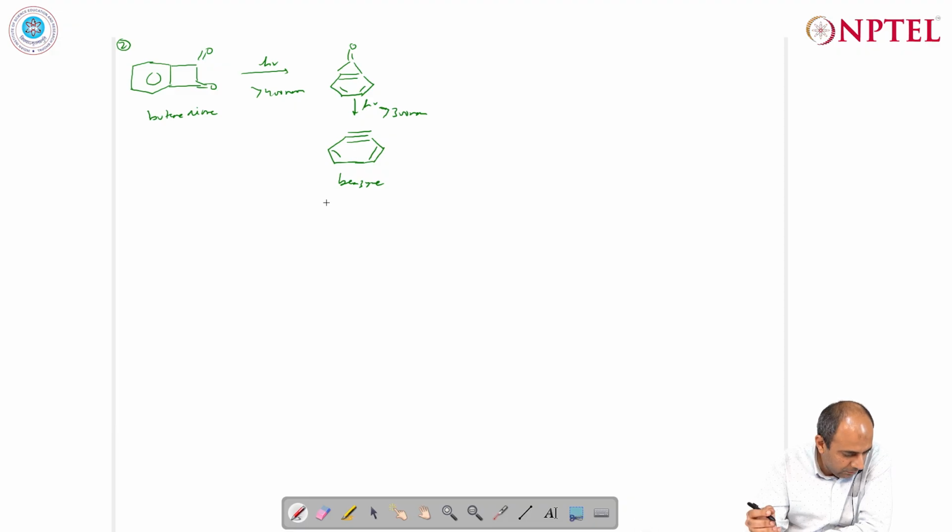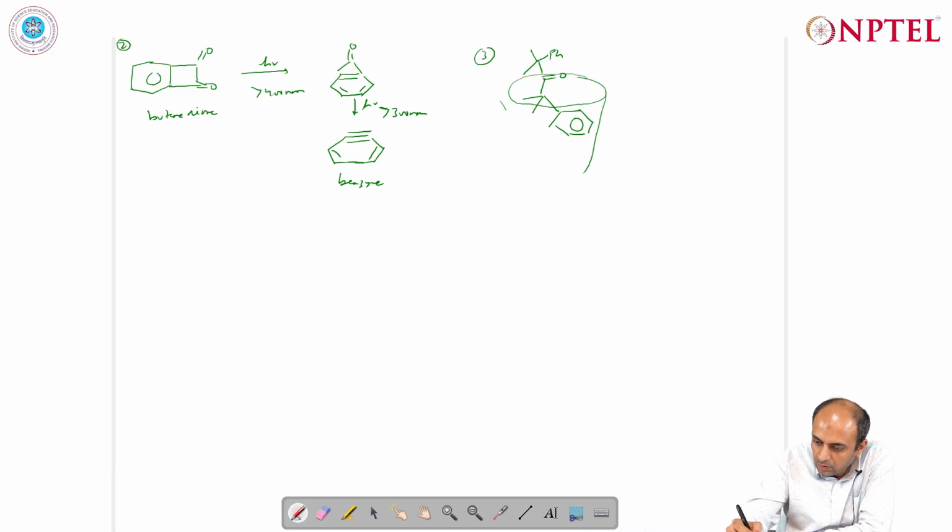radical species. For example, we can have this, and this is present, for example, in a cyclodextrin, and we can have the reaction where we will have cleavage of this bond.